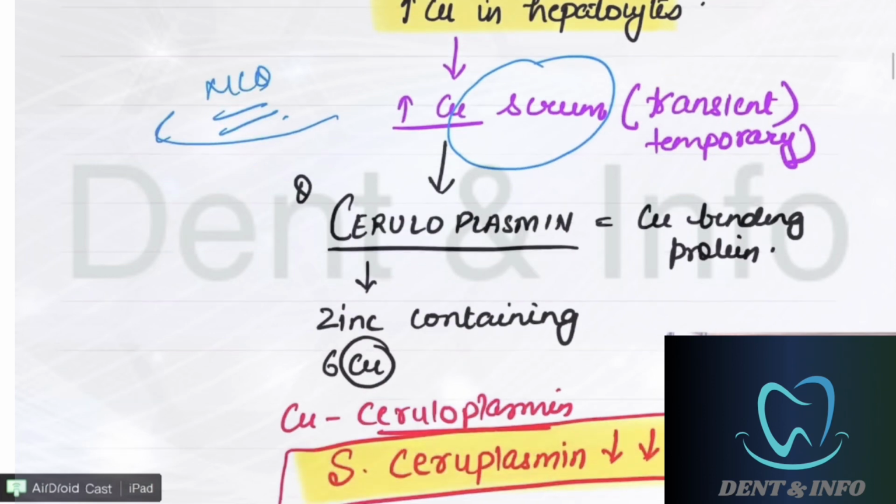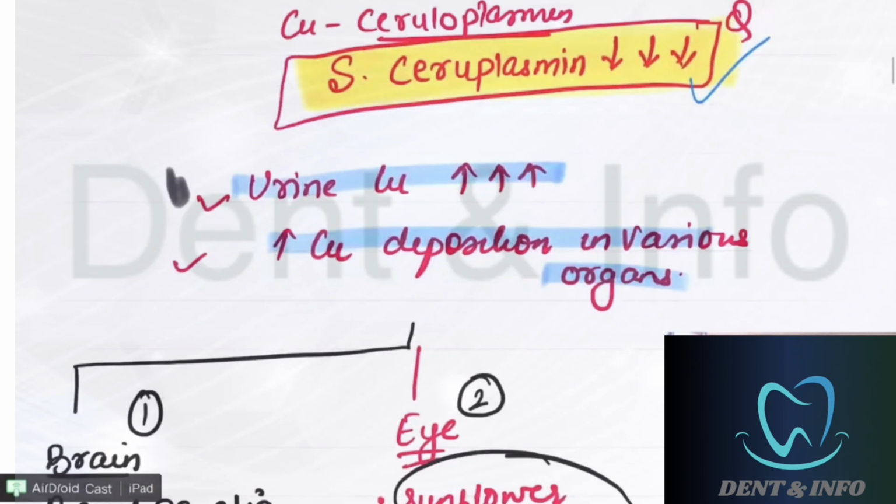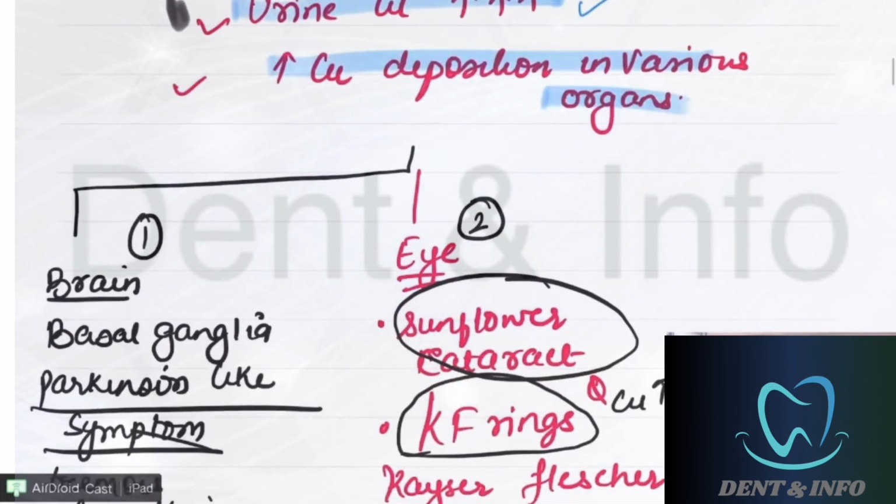Fine. Then ceruloplasmin is a protein which binds to copper. Copper is in excess, ceruloplasmin binds to it. Ceruloplasmin decreases. Okay, so this is very important. Because of high copper in the serum for some time, urinary copper increases and copper gets deposited in various organs. Very important beta, one question from Wilson's, hemochromatosis, you will definitely get.